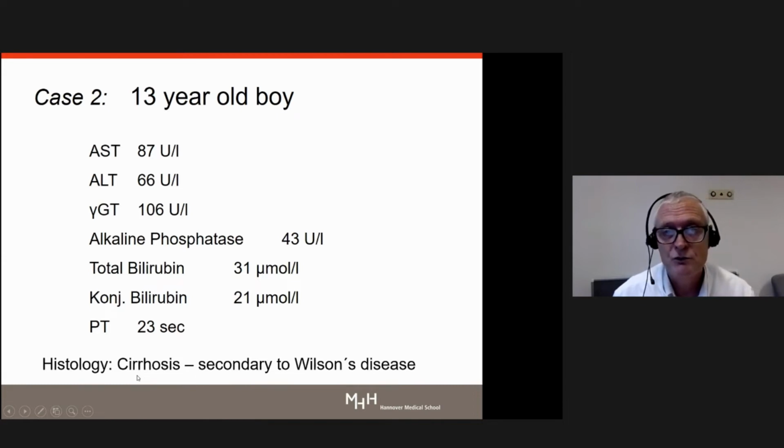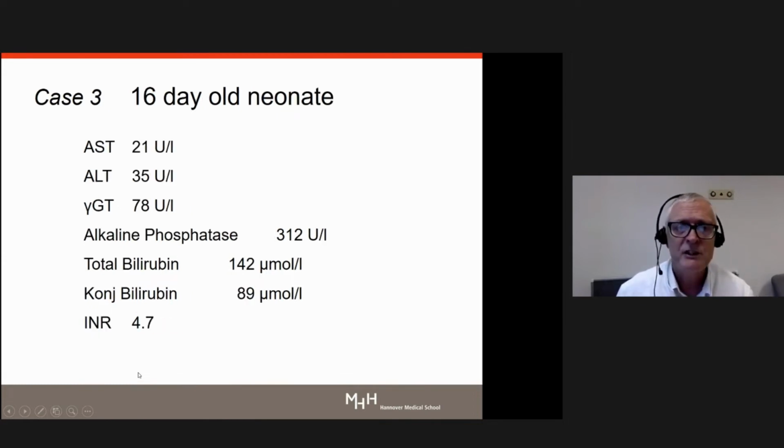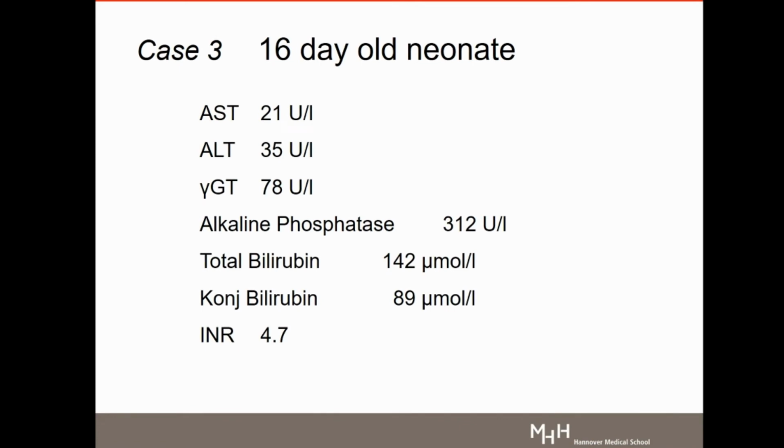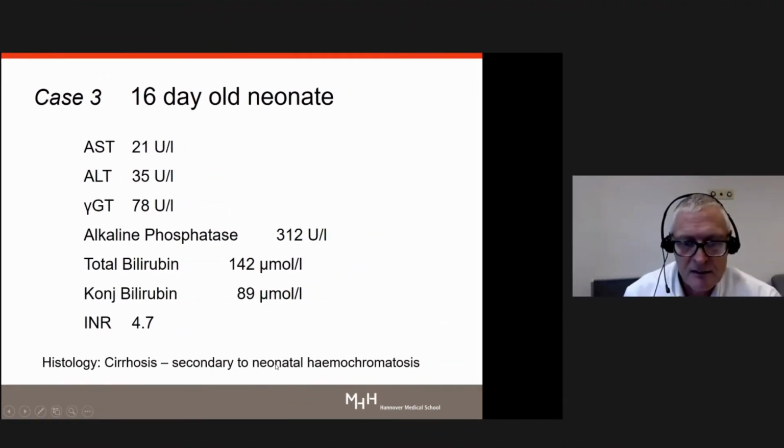Both children were cirrhotic. And the last child, a 16-day-old neonate. What is this? Does this child have liver disease at all? Normal transaminases? The key to this is the INR, which is very prolonged, abnormal despite vitamin K. The high INR, in combination with the normal transaminases, makes you think of exactly neonatal hemochromatosis.